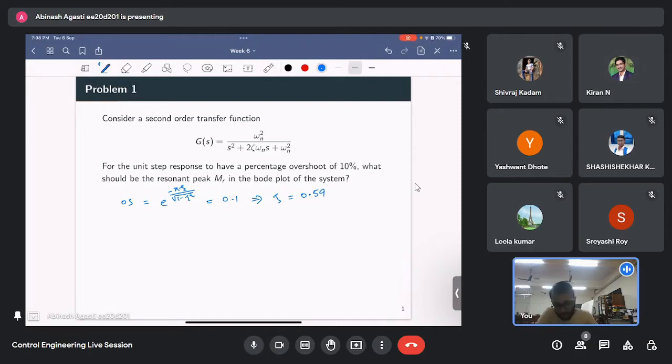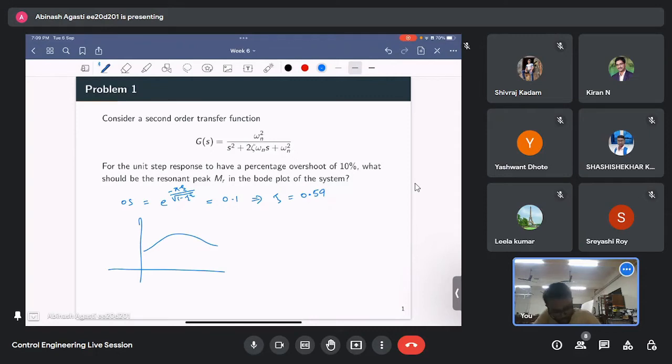We want to find out the resonant peak in the Bode plot of the system. So for a second order system, if you substitute s equal to j omega in this G function, you'll get some complex term, and when you take its magnitude, you'll get another very complex term. I'm not doing the calculation, but that will give us the frequency response of the second order system.